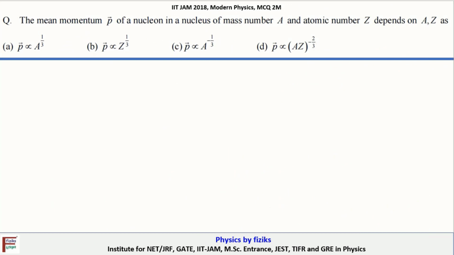The mean momentum P of a nucleon in a nucleus of mass number A, atomic number Z depends on A, Z, and so on. So we have to determine dependence of momentum on atomic number and mass number.